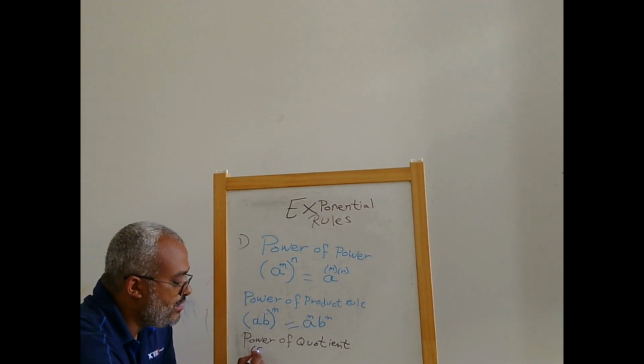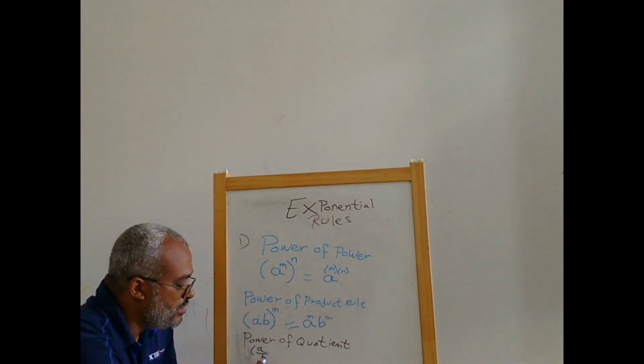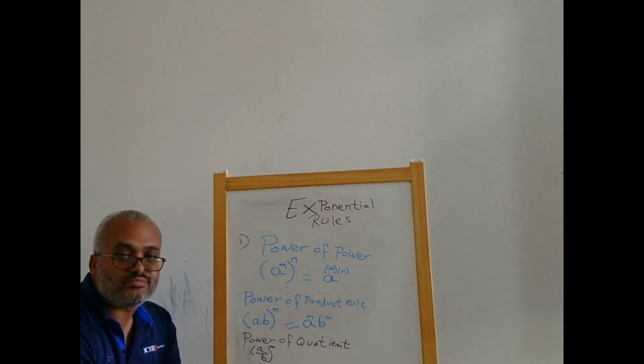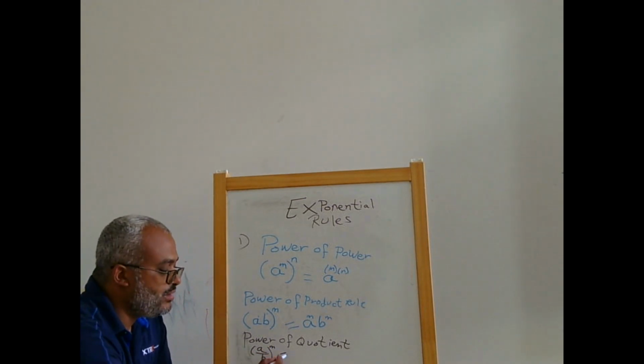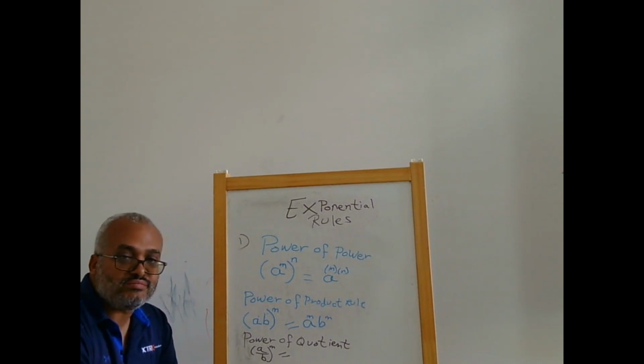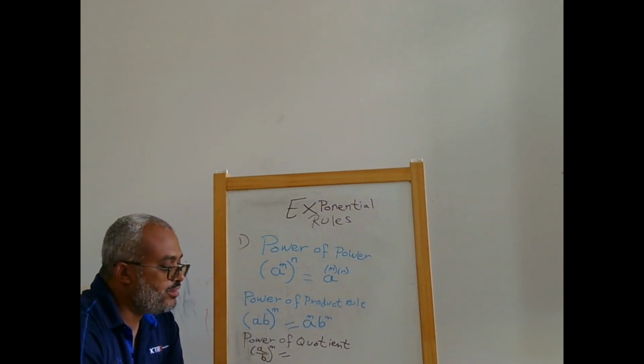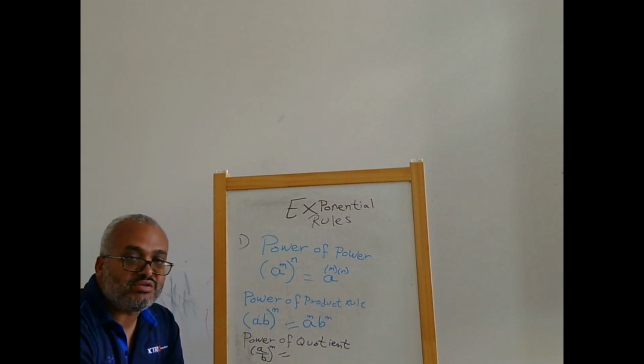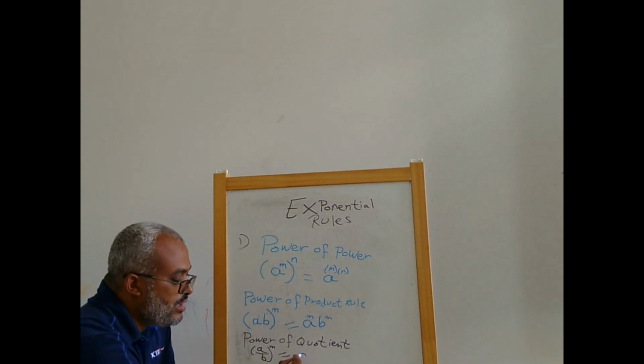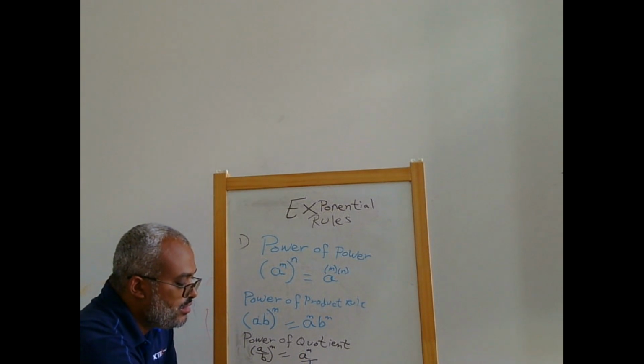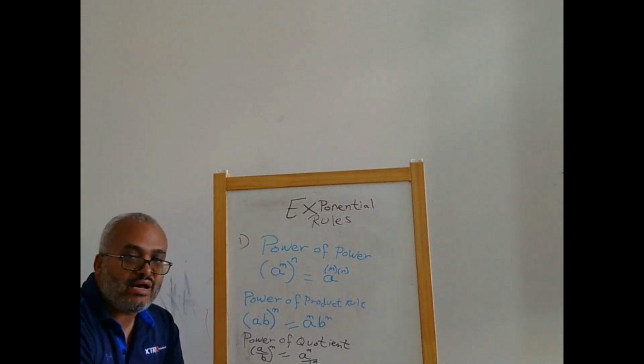(A divided by B) to the power of M. Again, same thing as we did with the product rule, but in this case it will be division. So it will be A to the power of M over B to the power of M.